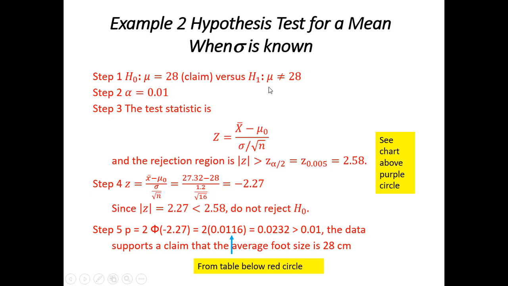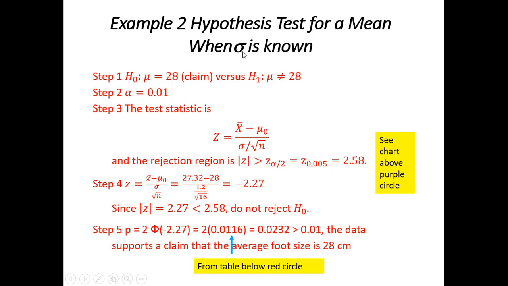And here there was no indication as to whether we're interested in the mean being greater than or less than. So we have mu is not equal to 28. Okay, so this is sometimes called a two-sided test. We were given that alpha is equal to 0.01.